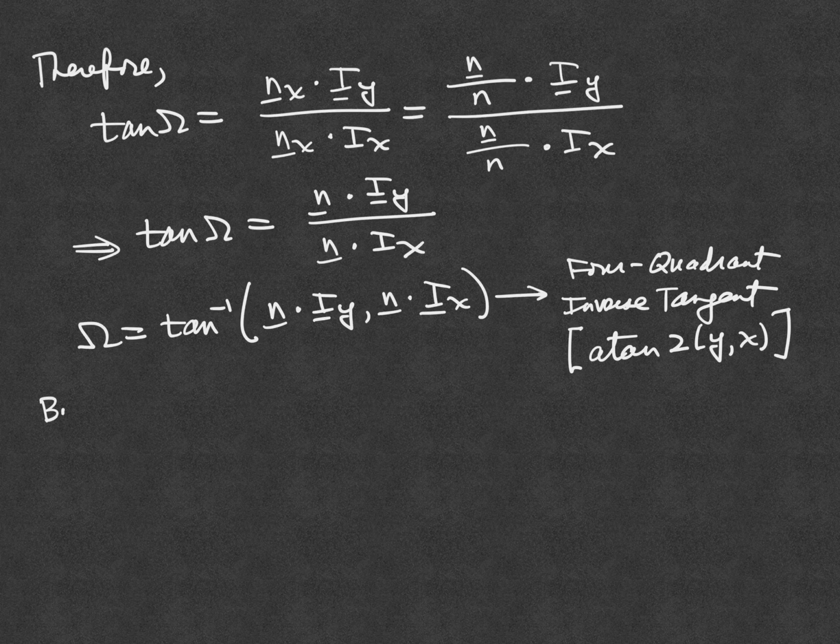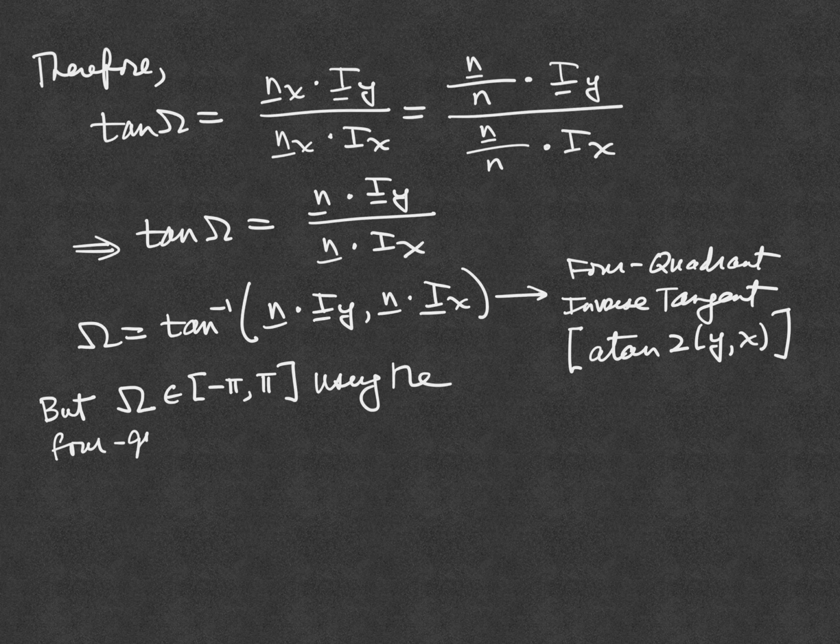But the only issue with the angle is that the four-quadrant inverse tangent gives you an angle on negative pi to pi, and we actually want an angle on 0 to pi.